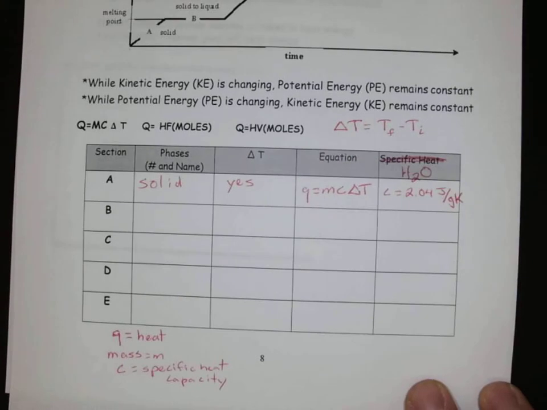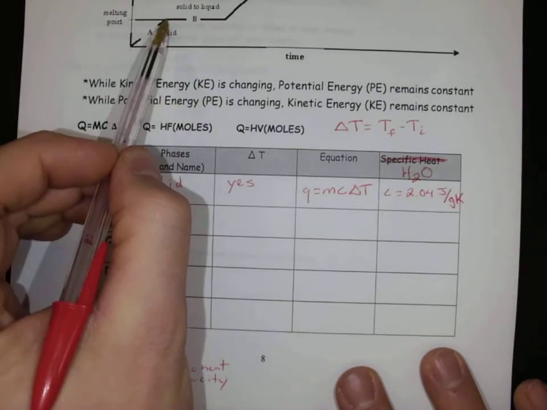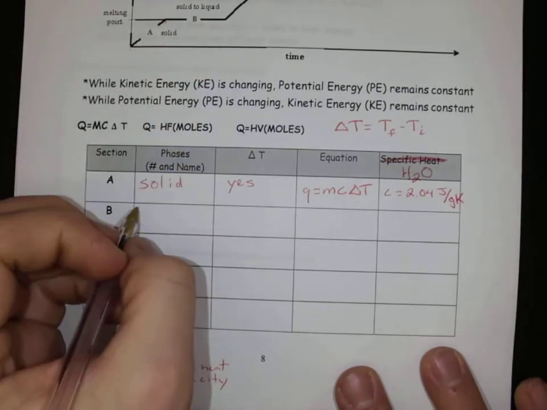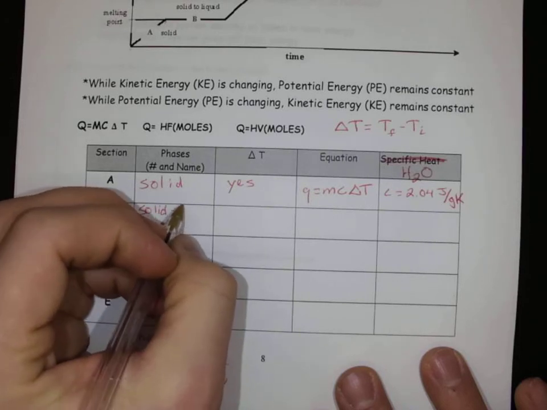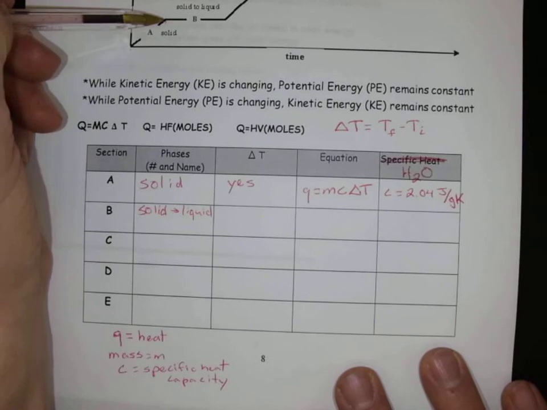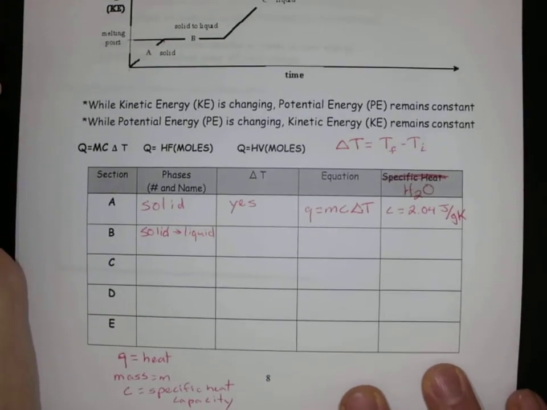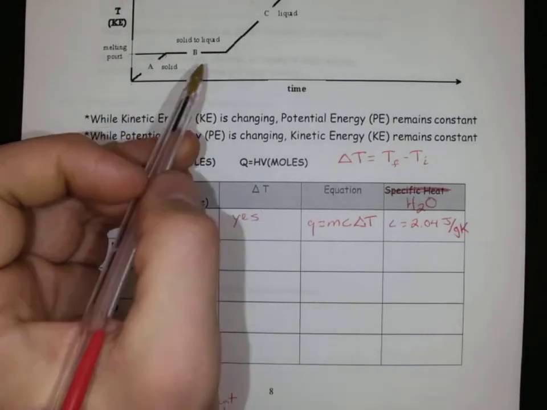So we always do T final minus T initial. So then we get to section B here. In section B, we're going from a solid to a liquid. Both states are going to be present at the same time, okay? So is there going to be a temperature change?